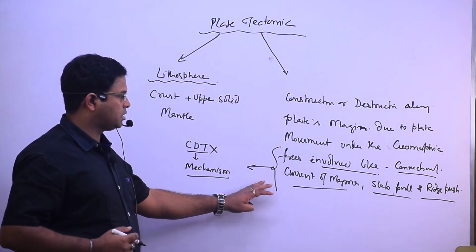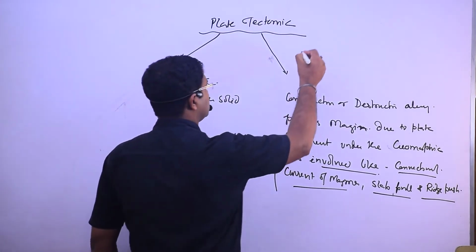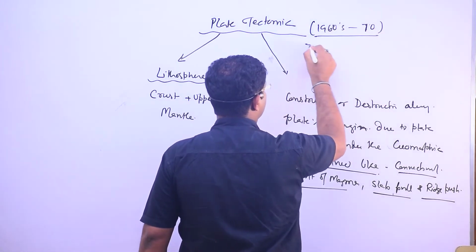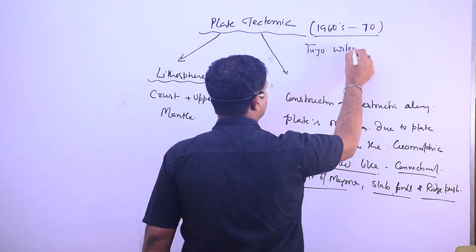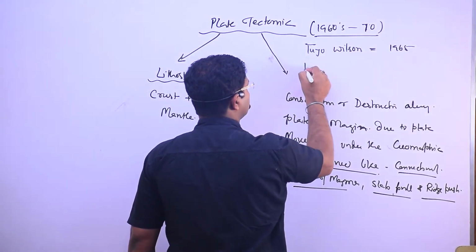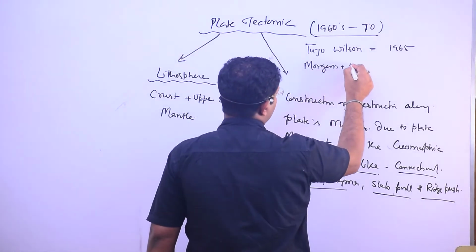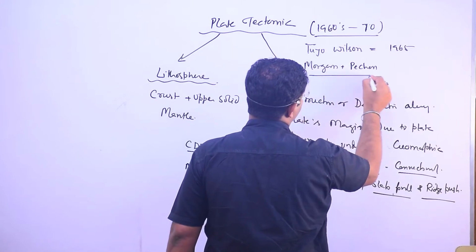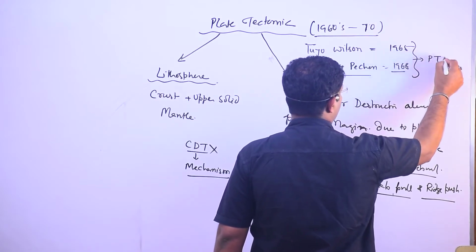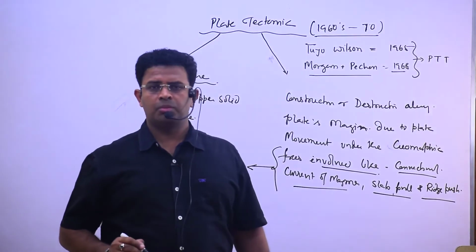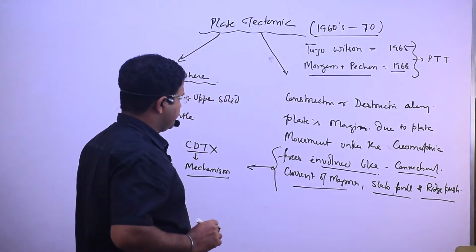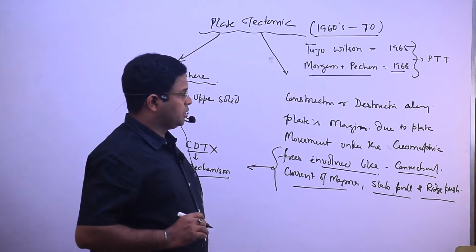But from the 1960s to 70s, especially Tuzo Wilson in 1965 and Morgan and Le Pichon in 1968 helped in propounding the plate tectonic theory. Understood?